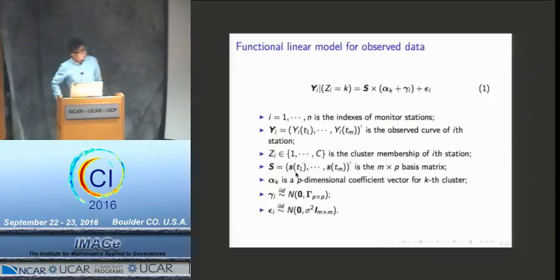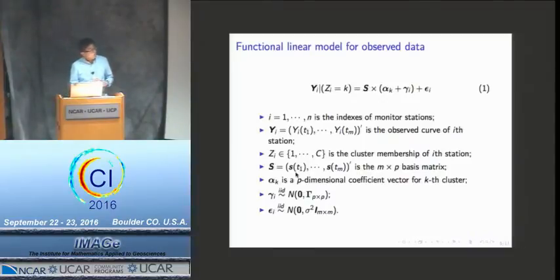For the functional linear model, the precipitation data can be decomposed into three parts: mean function, time random effect, and measurement error. The mean function can be written as a linear combination of basis functions, and we assume the mean function is the same within a cluster.